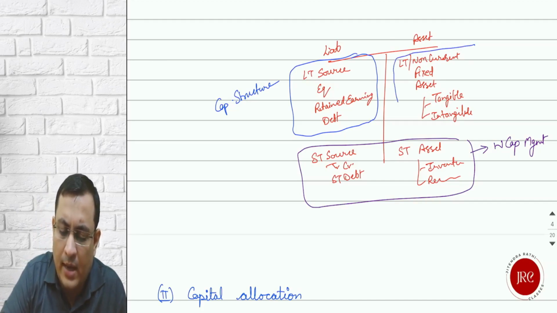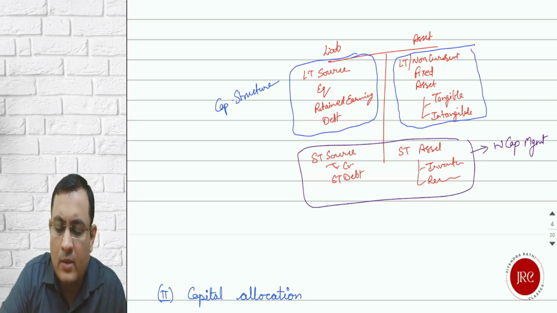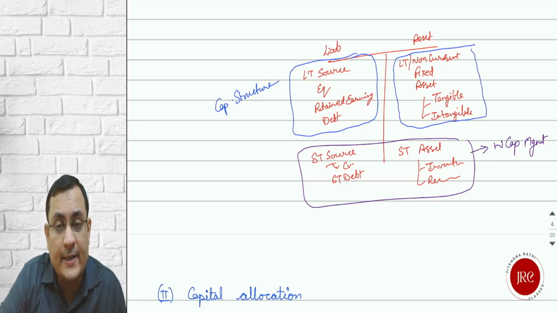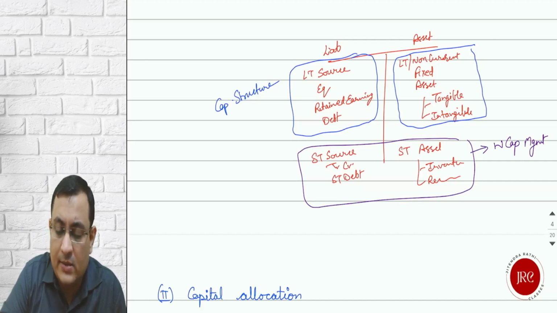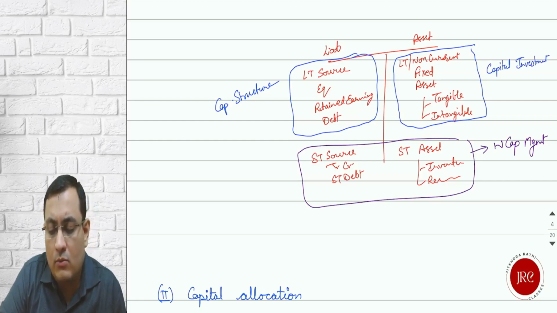And now we are covering this module, that is decisions related to non-current, long-term or fixed assets. These investments are called capital investments. So what decisions do we have to make related to these long-term assets? These are projects.